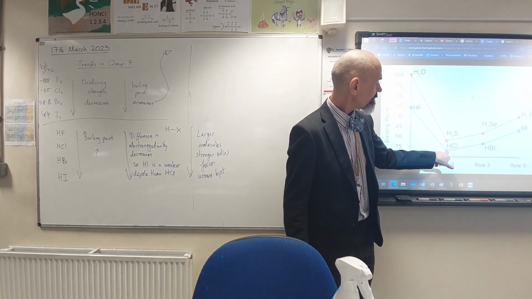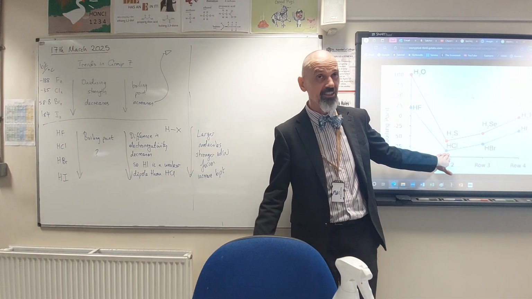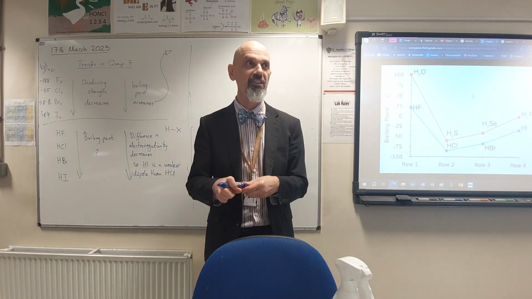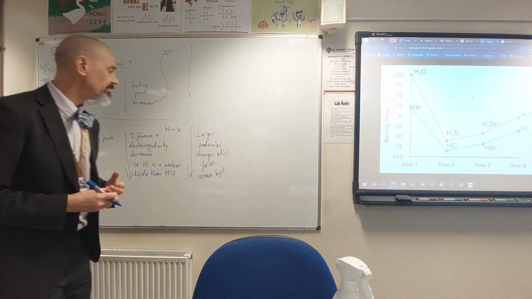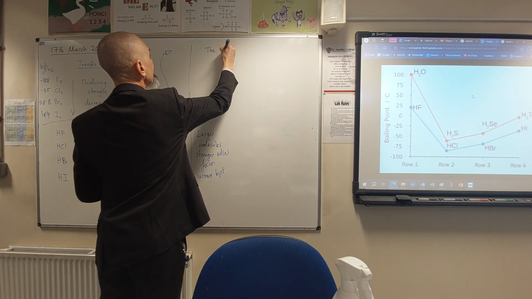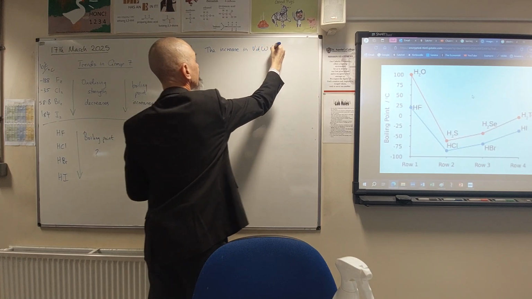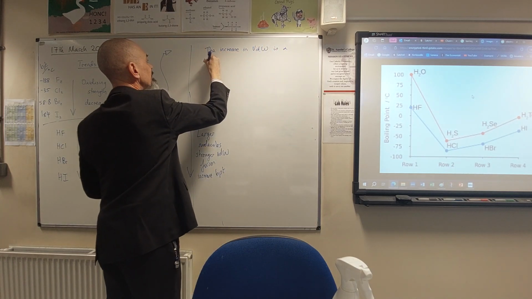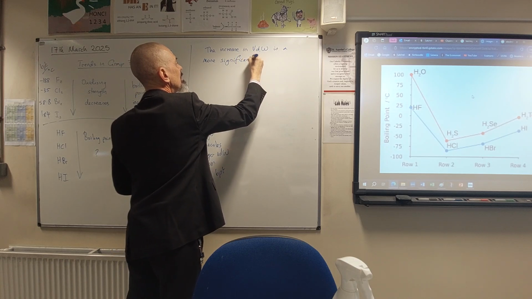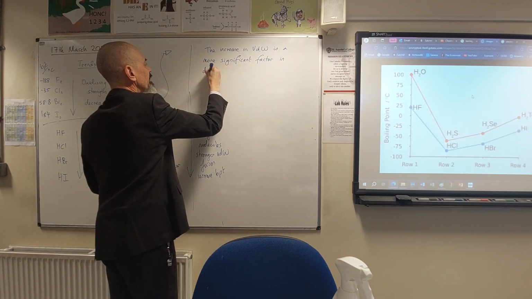So although HCl has a stronger dipole and therefore stronger dipole forces, actually it's the stronger van der Waals forces of HBr and HI that are the significant factor. So the increase in van der Waals forces is a more significant factor in determining boiling point.